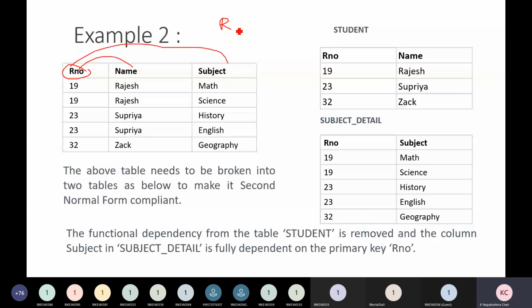This we can write like this: roll number to name. This is one functional dependency because roll number is a prime attribute, name and subject are non-prime attributes. You understand? Okay, and similarly roll number to subject.